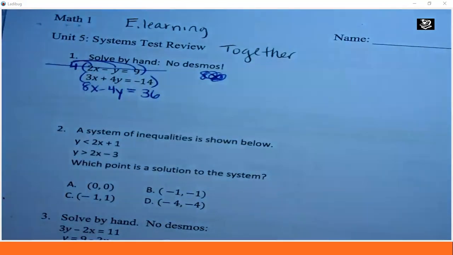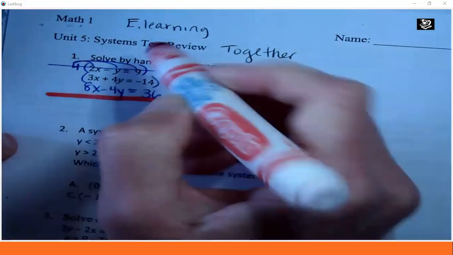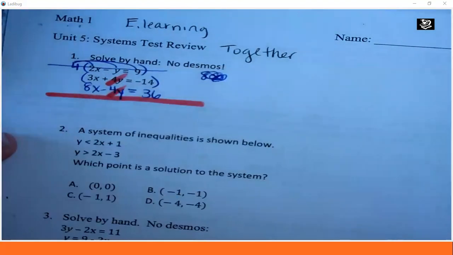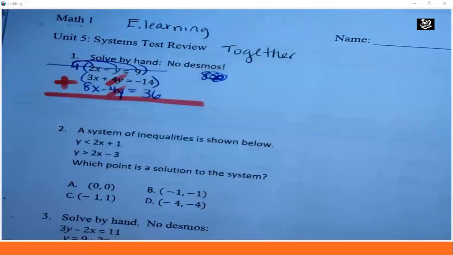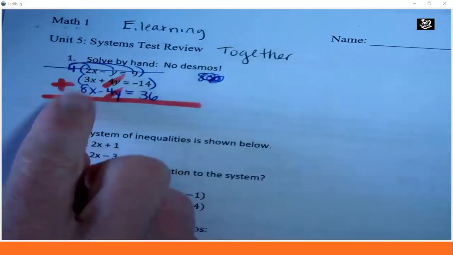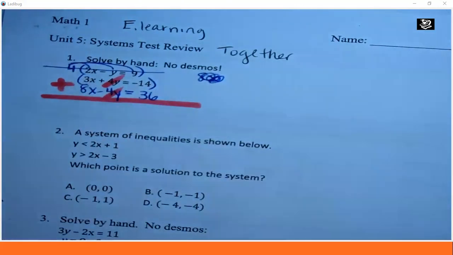Okay. Does anybody remember what we're going to do next with those? You cancel the 4s. What are we going to do with the 3 and the 8? You add them. Good, Jordan. Raul, what do you get when you add 3 and 8? 11. So I write down 11x.